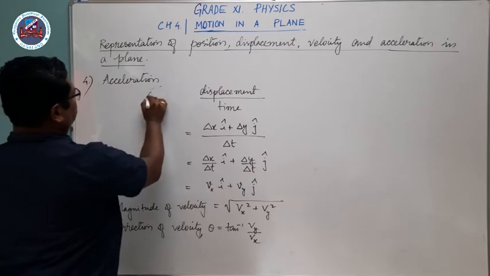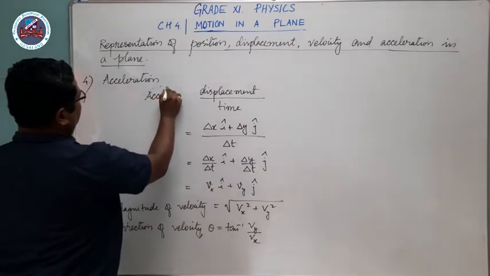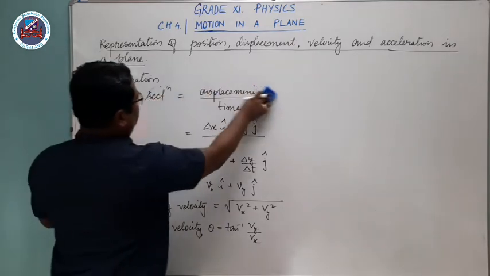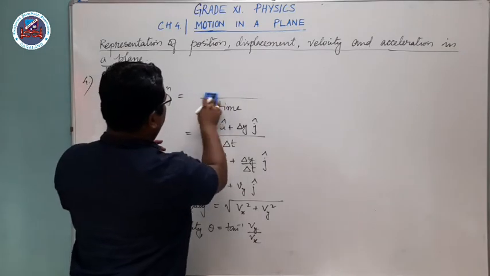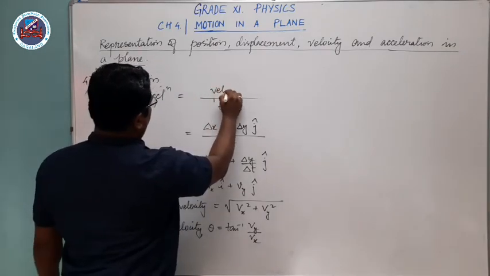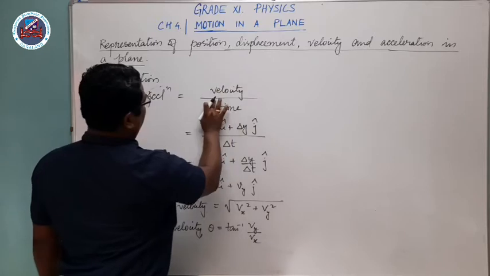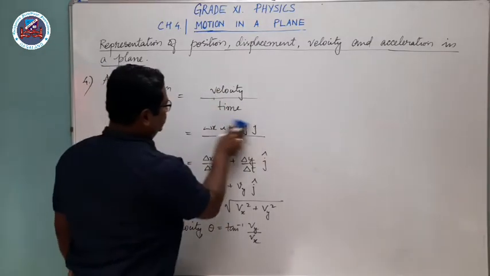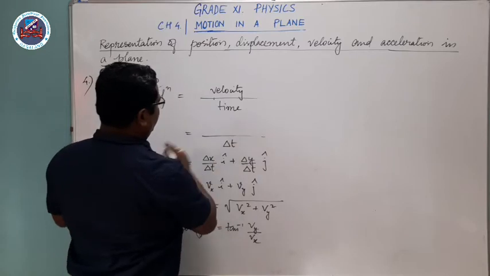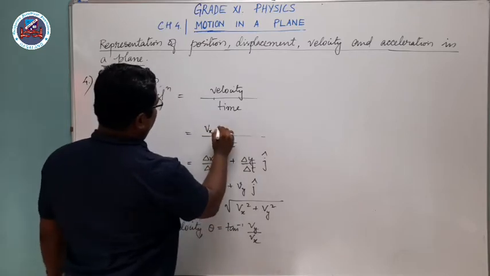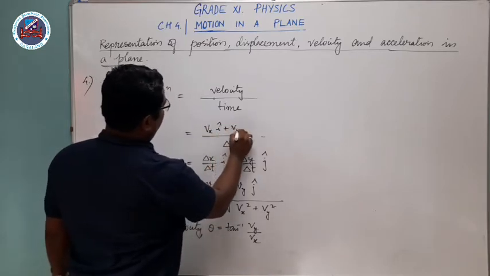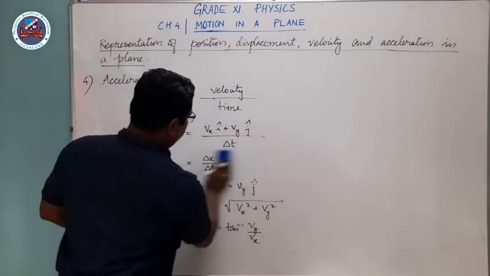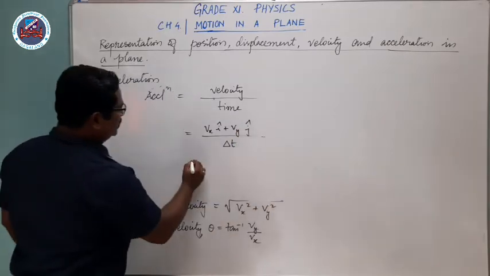Acceleration is equal to change in velocity divided by change in time. Velocity, you just found that value, if you put it here, vx i cap plus vy j cap, then it will appear like this.